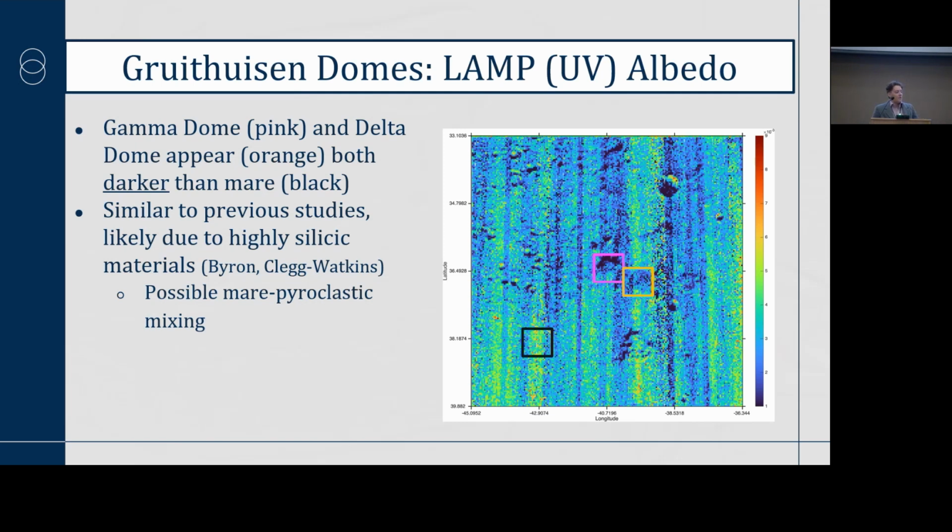As you can see from this albedo plot, the domes appear darker than the Mare. This is not surprising. Other studies have found this previously, but it's likely attributed to their highly silicic nature. It's possible that there's also some Mare pyroclastic mixing, though this has not been confirmed.